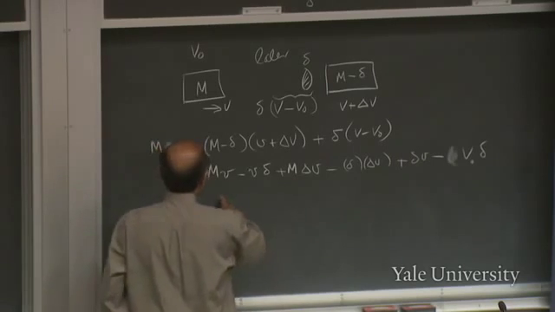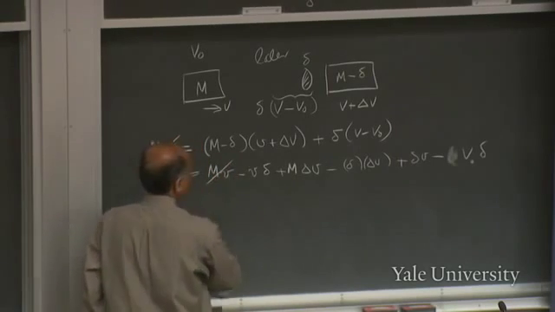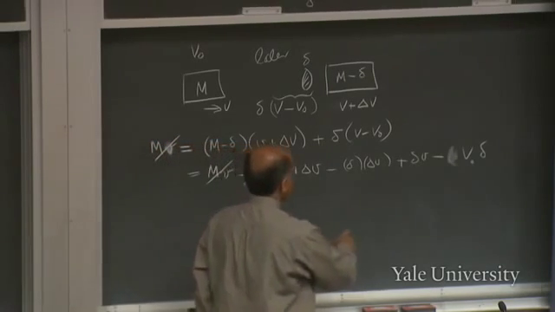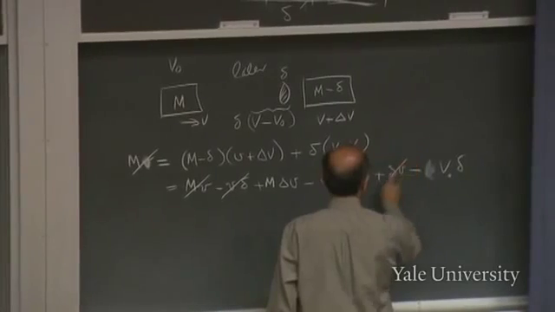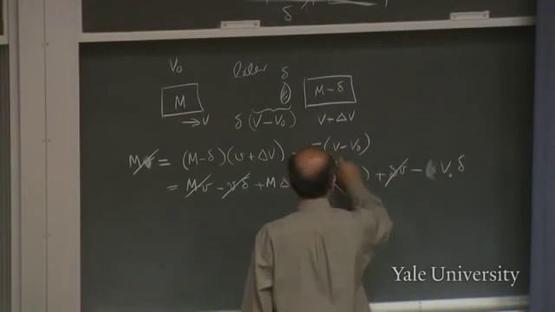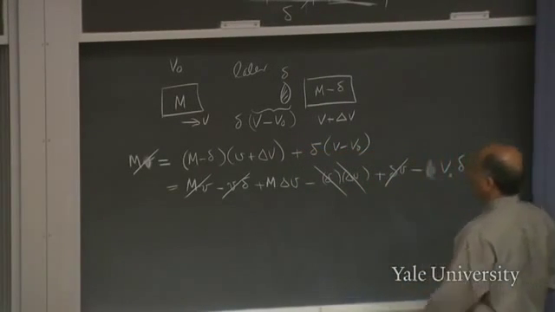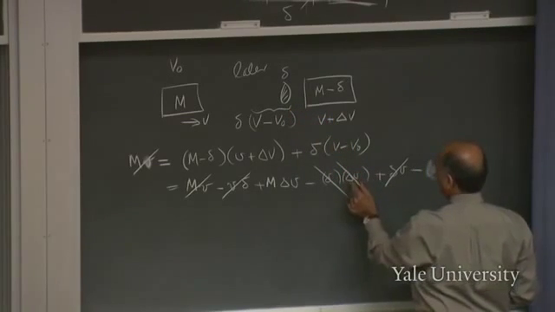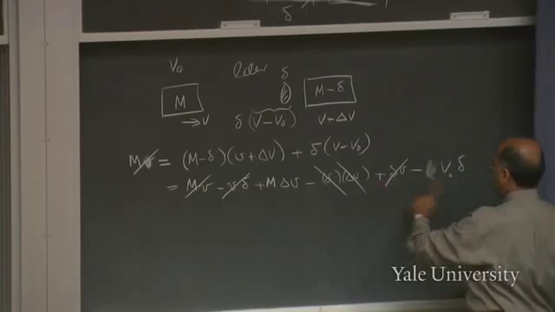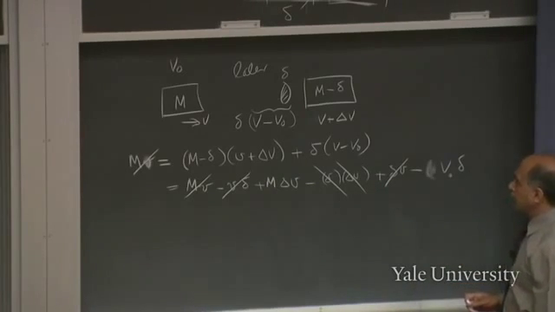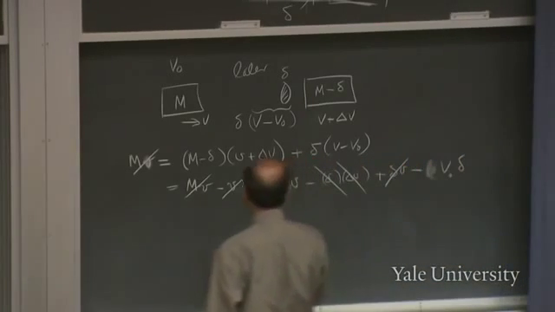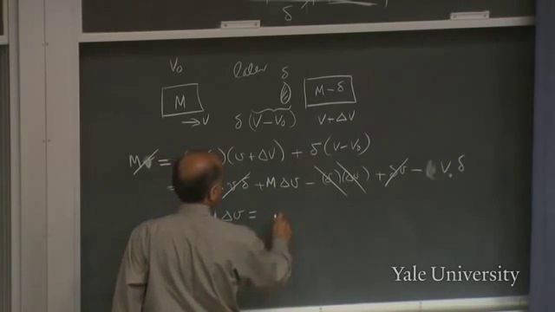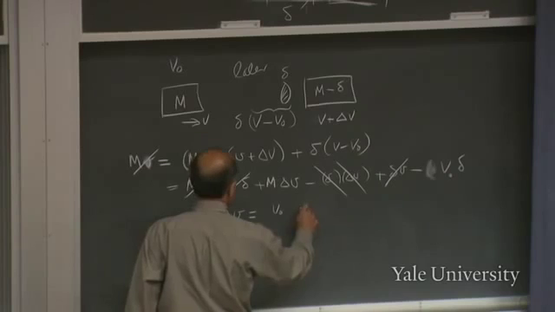So you cancel this mv and you cancel this mv. You cancel this v delta, and that's v delta. This one you ignore because it's a product of two infinitesimals. One is the amount of gas in a small time delta t, the other is the infinitesimal change in velocity. We keep things which are linear in this. Then you get the result m times delta v is equal to v0 times delta.